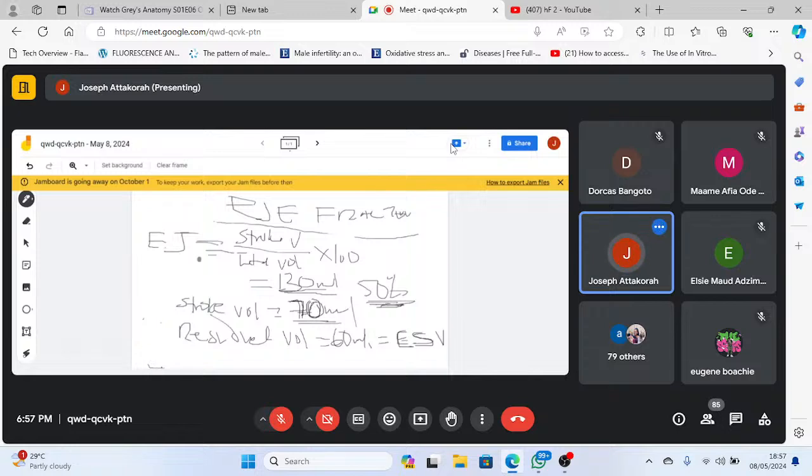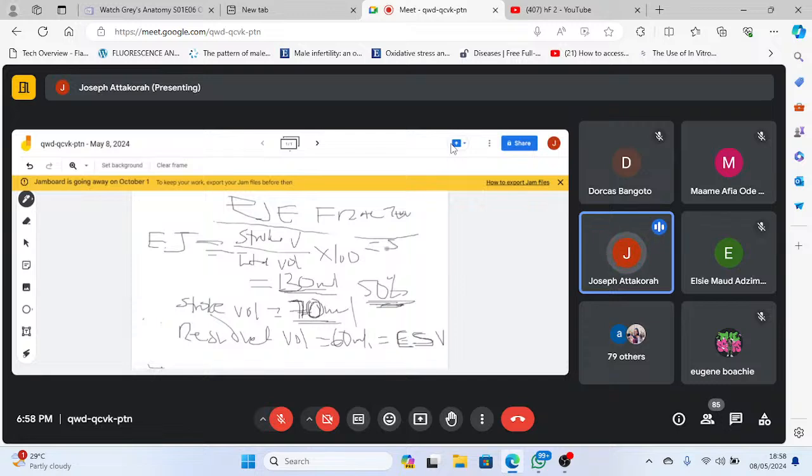So ejection fraction is the percentage of the stroke volume. The total volume here becomes the end diastolic volume.